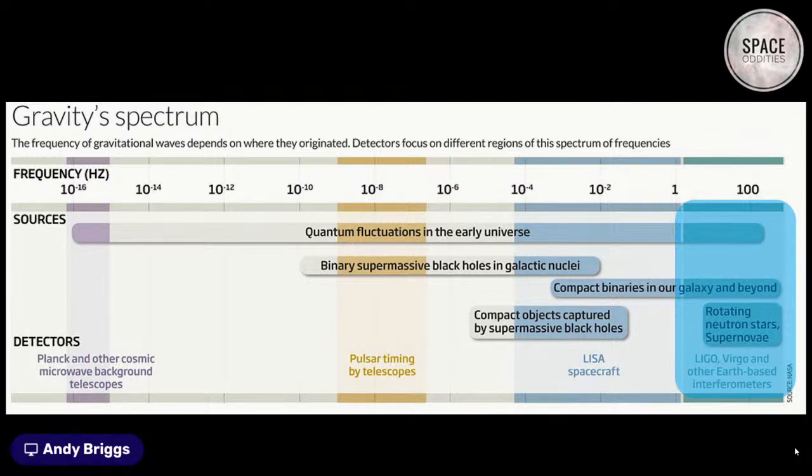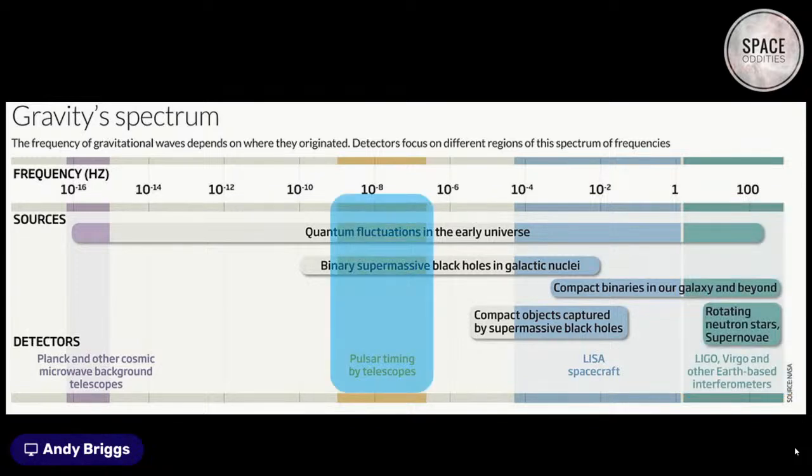But there are other types of gravitational waves in the universe which are much lower frequency with a much longer wavelength. In particular, we're talking about the merging of supermassive black holes at the hearts of galaxies. This is right down here, between 10 to the minus 7 and 10 to the minus 9 hertz in frequency.